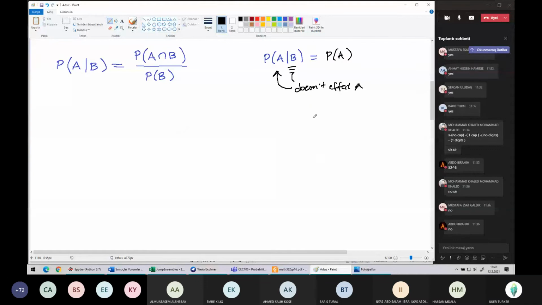Therefore, I take this equality and replace P(A given B) with P(A), but this is in case of independence.